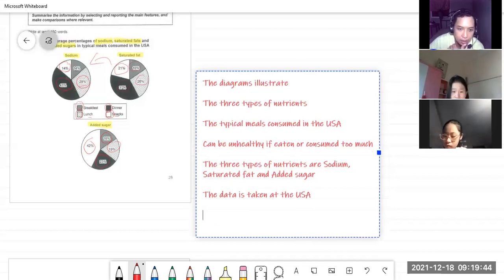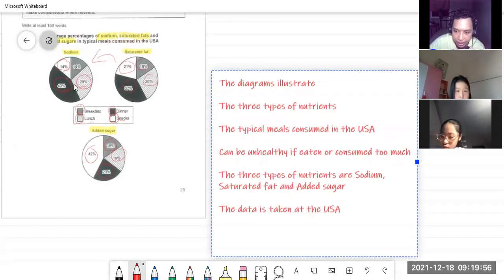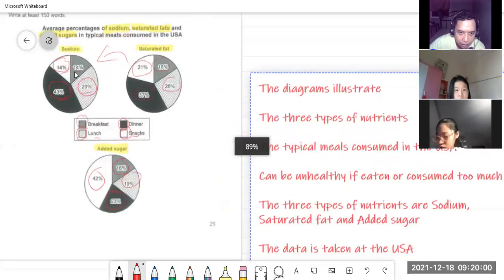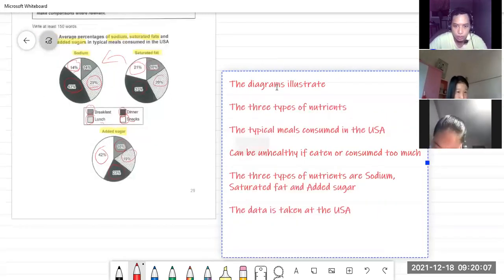Okay, next. Because we have explained this in general, now we are going to explain it more specifically. So let's look at the sodium, and then saturated fat and added sugar. This one to six is the general information.